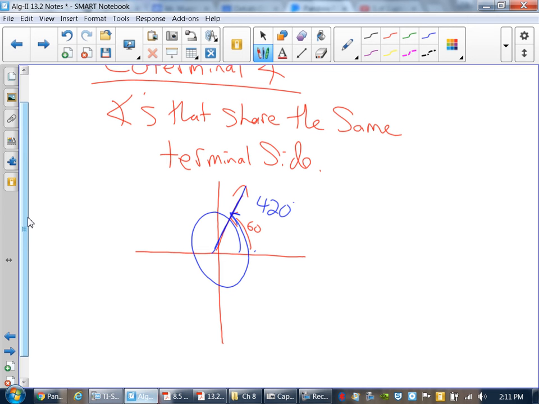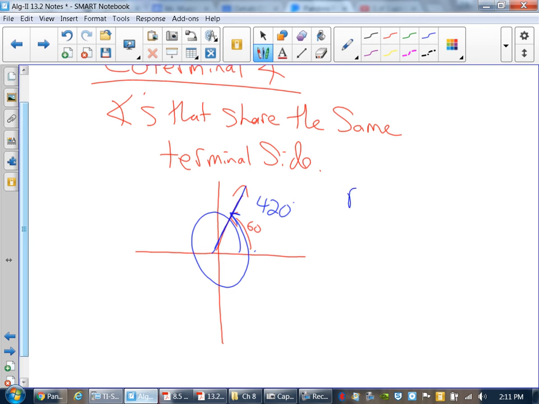Wait, can we also just do negative 300 and 60 as coterminal? You were going to look at positive and negative coterminal. Unless, and we'll get to this, depending upon, well, all right, let me write this out.